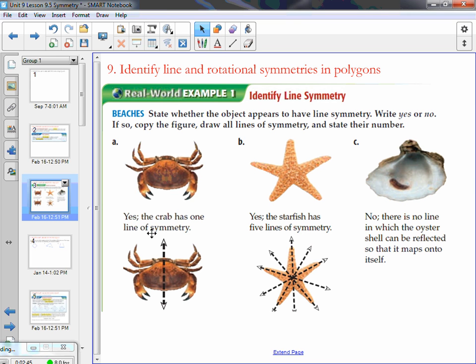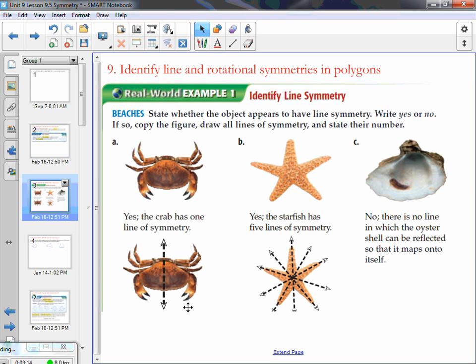Does the crab appear to have line symmetry? Yeah, it does, because the left side of the crab appears to be identical to the right side of the crab. So the left side would reflect to the right side and the right side to the left side. It maps the figure onto itself. So yes, it has line symmetry and just the one line of symmetry.